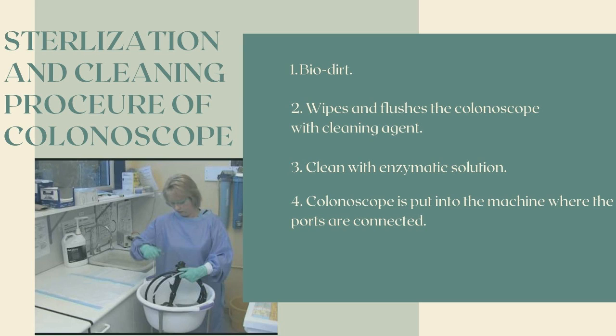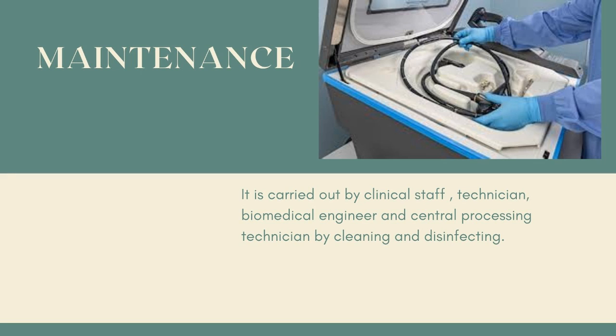The colonoscope is put into the machine and all the required tubes that wash the ports are connected. Then it is washed with an acidic disinfectant. At last, it is flushed with 70% isopropyl alcohol. This process takes over half an hour per scope. This is about the sterilization and cleaning procedure of colonoscopy.